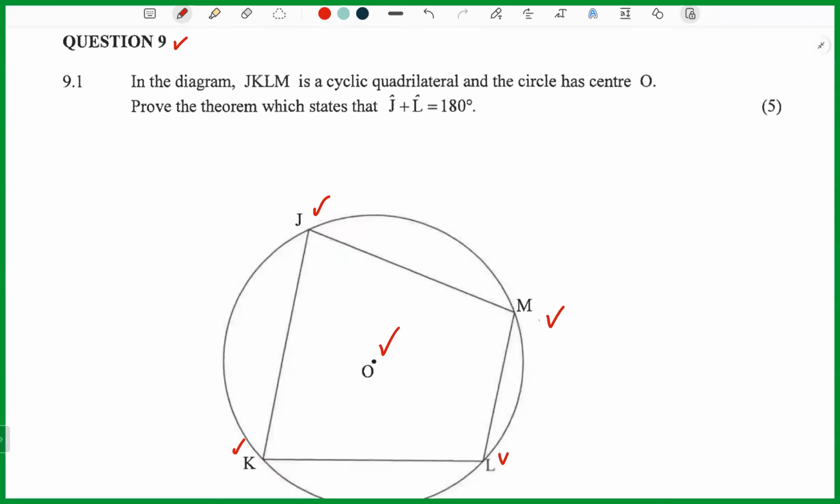So we continue then. Right, we need to prove that J plus L is actually 180 degrees.